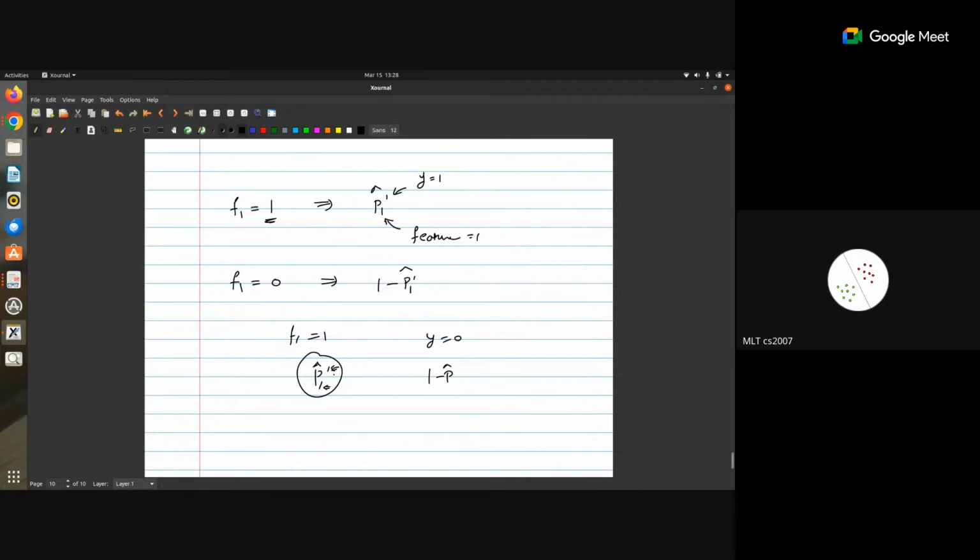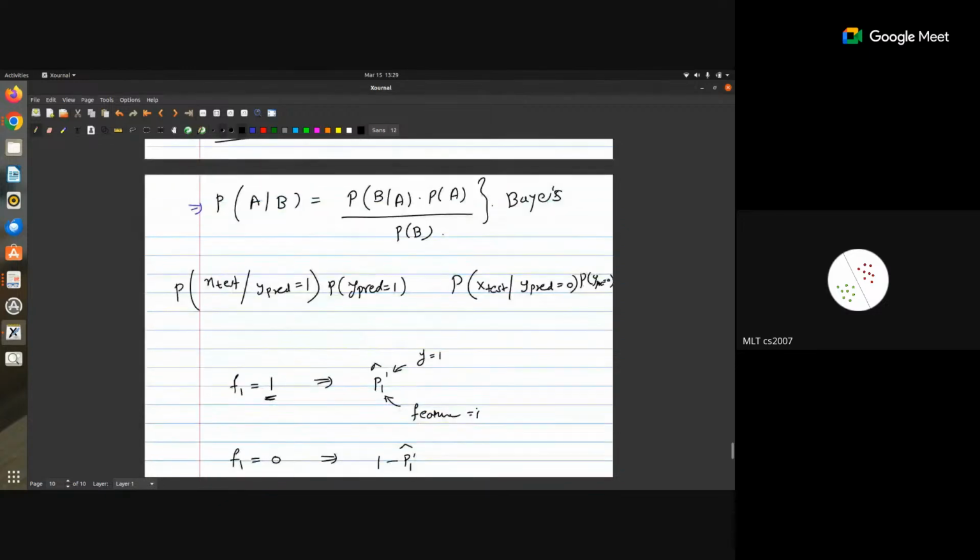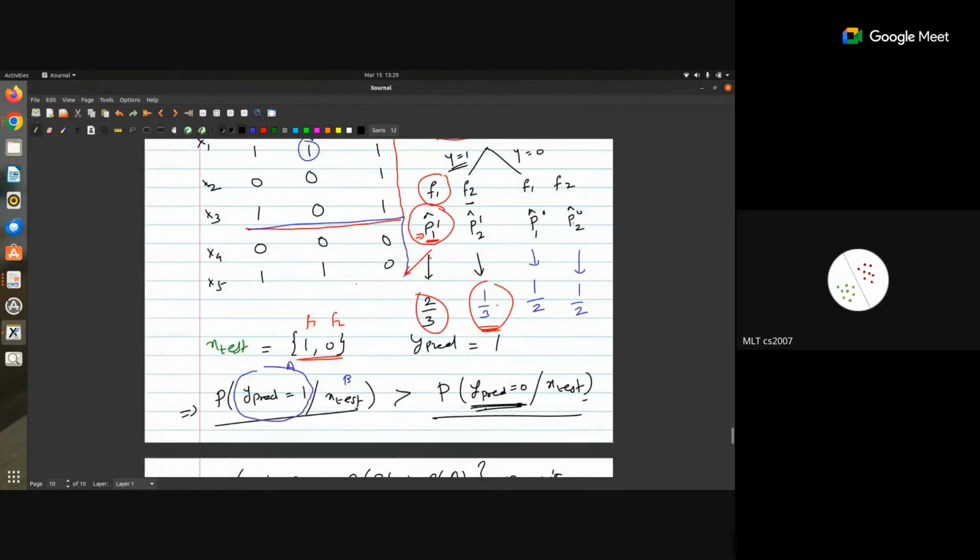So in that case, if I want f1 equal to 0, what is the probability? 1 minus p of this, right? I hope you're able to understand this. If the value of f1 equals 1, what is the probability?